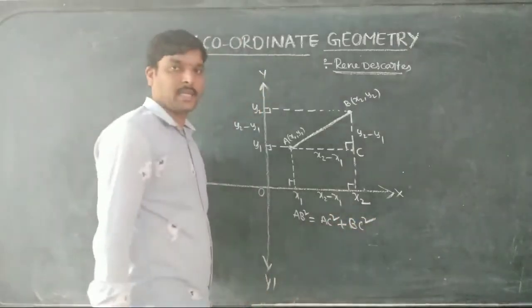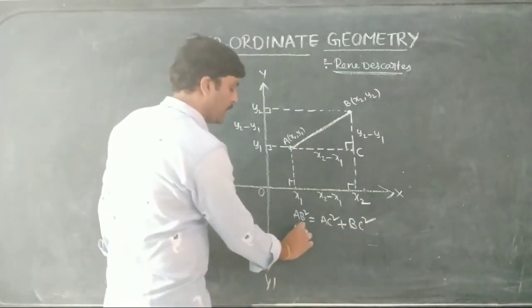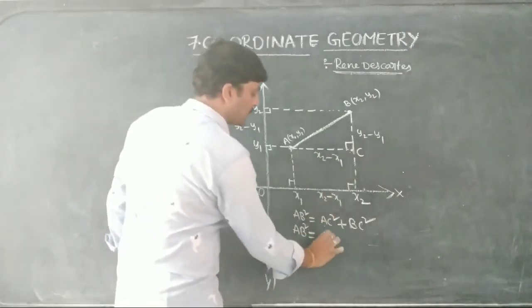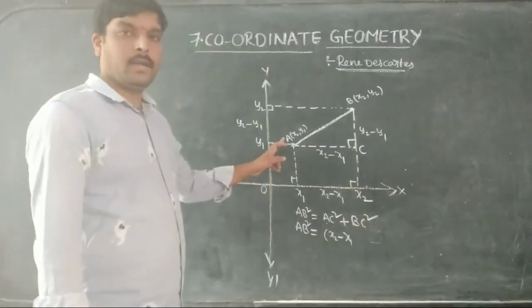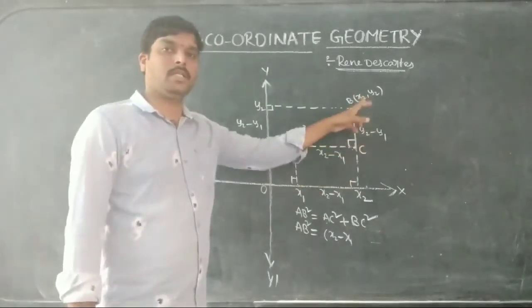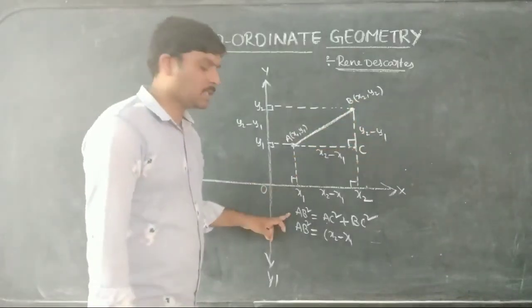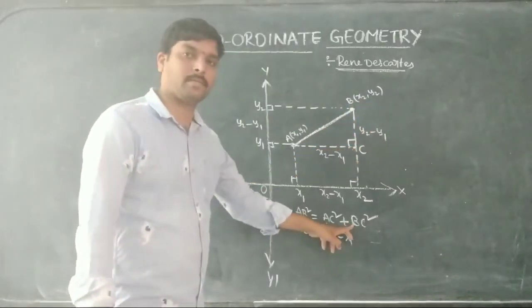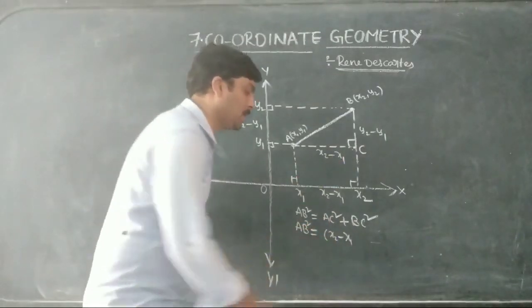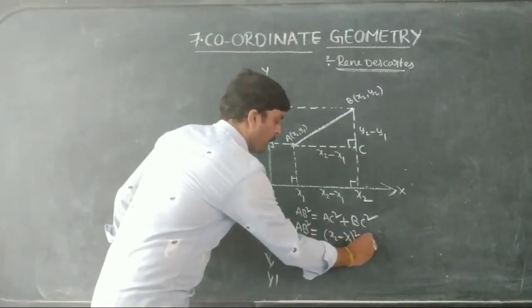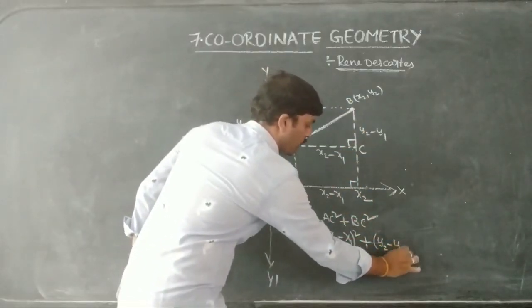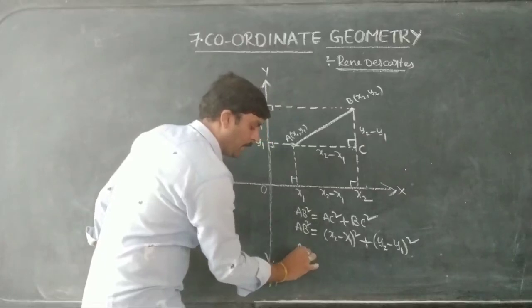AC is x2 minus x1, and BC is y2 minus y1. So AB square is equal to x2 minus x1 whole square plus y2 minus y1 whole square. Now we need AB.